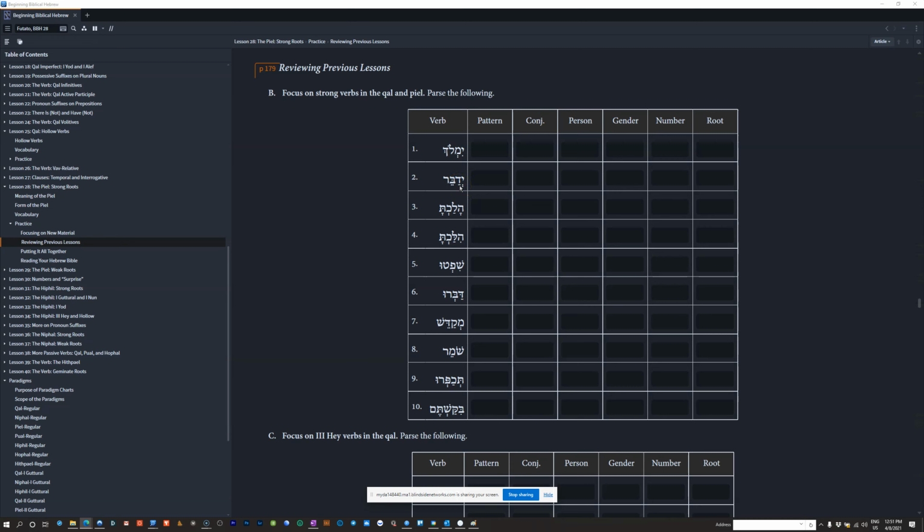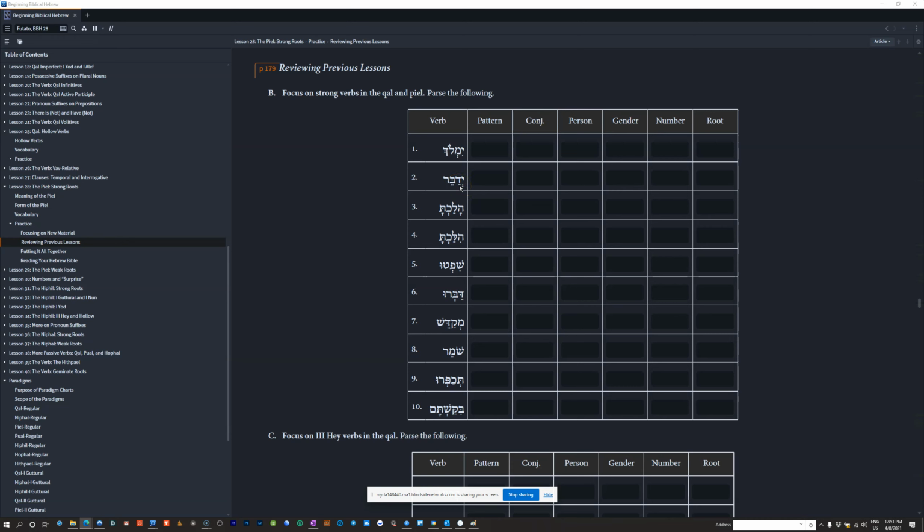Is it going to be a prepositional bet on a participle? Or is the bet part of my root? If it's part of my root, I've got an R1 hireq and an R2 dagesh. That would make good sense of Baqash, which is a root that I know, being a PL perfect, and then tem would be my 2MP suffix.